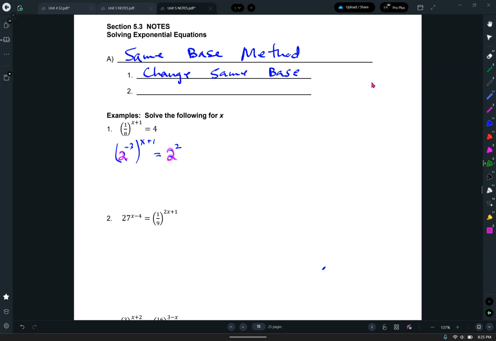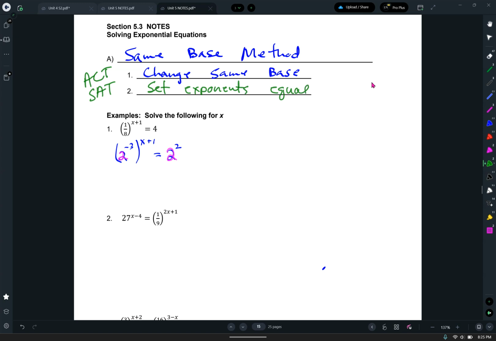If you can get the same base, which we did here, and by the way, this is a very common ACT, SAT type solving question, okay? If you can get them to be the same base, then all you have to do is set the exponents equal.